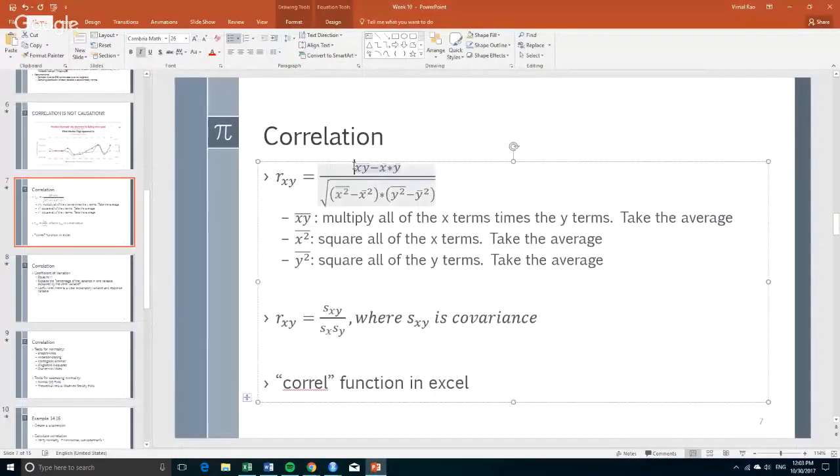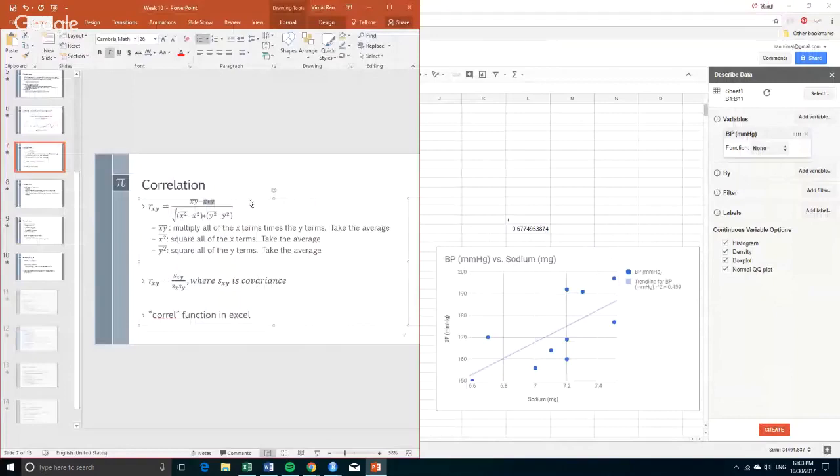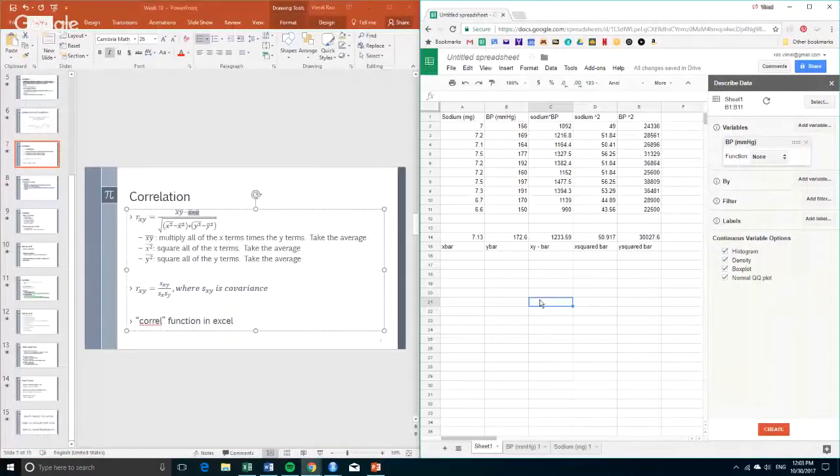So the numerator is xy bar minus x bar times y bar. And let's do this side by side, actually. Let's just do the numerator first: xy bar minus x bar times y bar. And then the denominator. The denominator is a little bit more confusing, so let's split it up. Let's do part 1 and part 2.